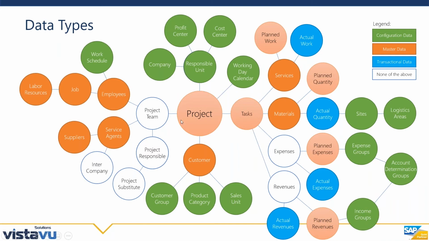The ones that are in a lighter orange are maybe a little bit debatable on whether or not they're really master data, or do they fit more in the realm of transactional data.